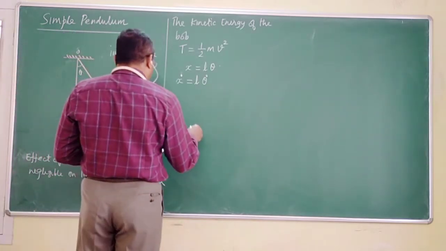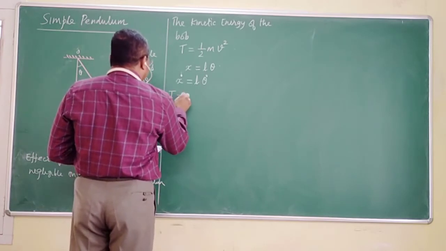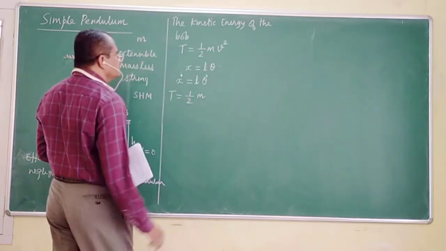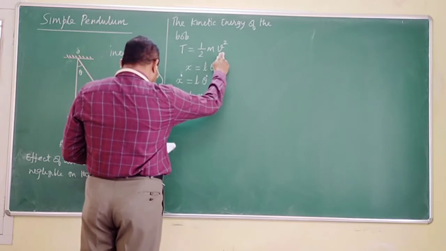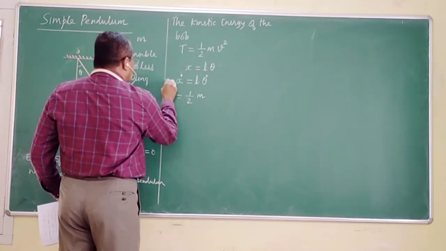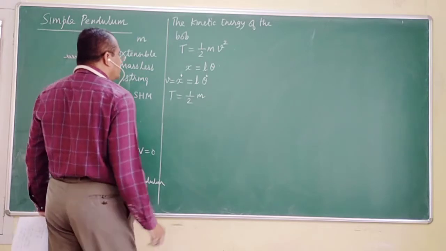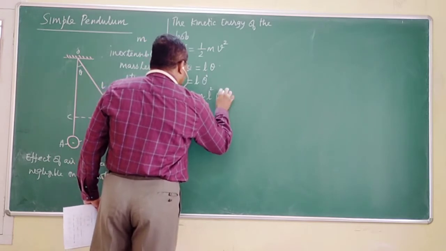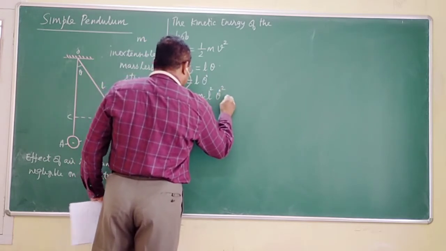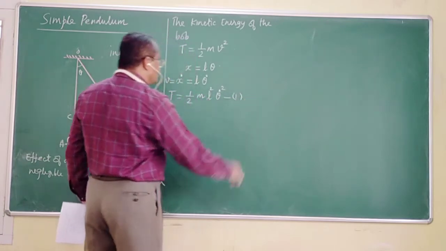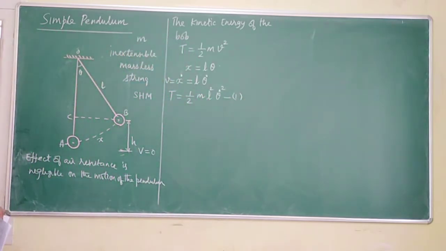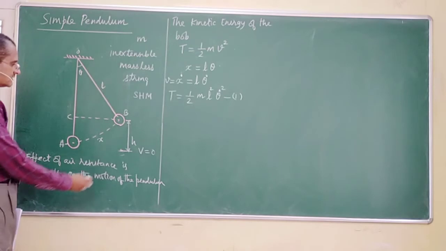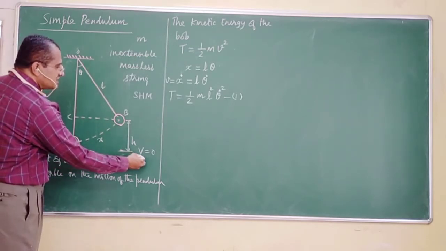Therefore, my expression for the kinetic energy will become T is equal to half m, and in the place of v, which is equivalent to v, I write L squared theta dot squared. This is equation 1, which gives me the expression for kinetic energy. It is oscillating and therefore definitely will have kinetic energy. In the mean position, potential energy is 0.